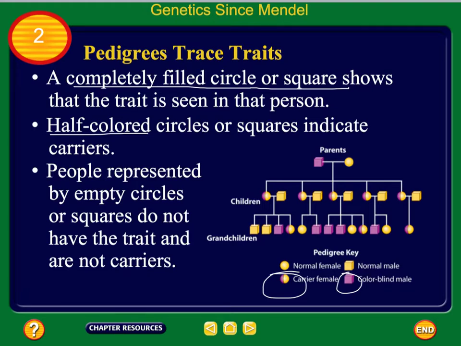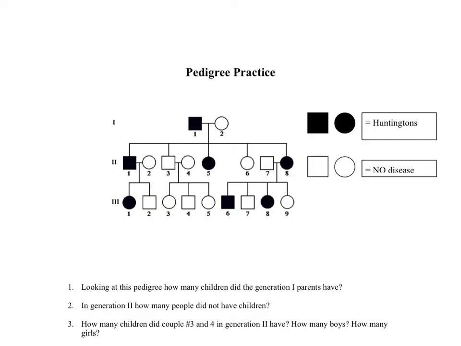You'll also see that an empty circle or square is not a carrier of the trait or does not exhibit the trait at all. Again, in this pedigree it's not as much empty as it is coded yellow to mean empty.